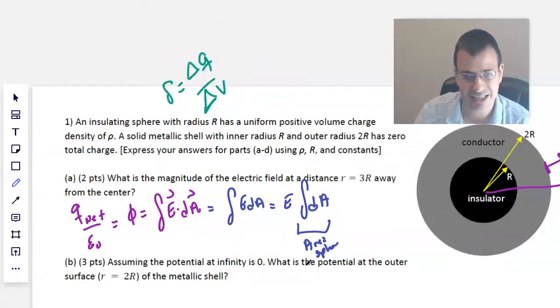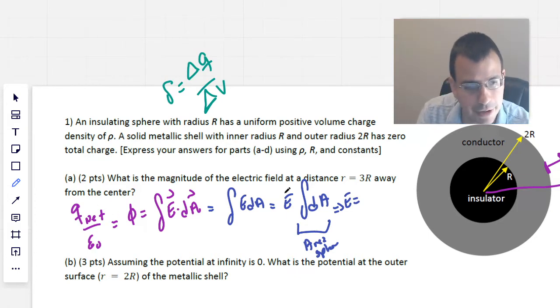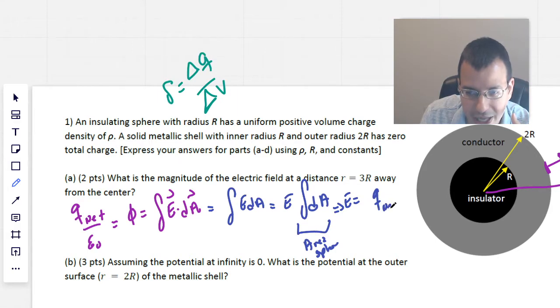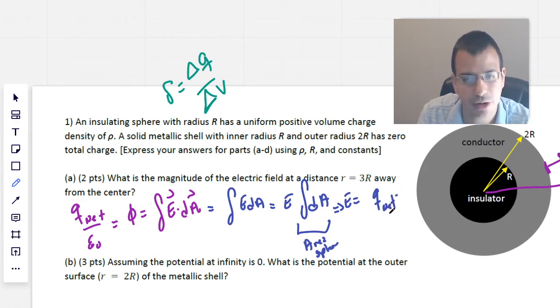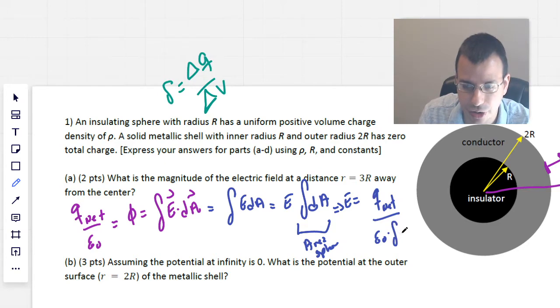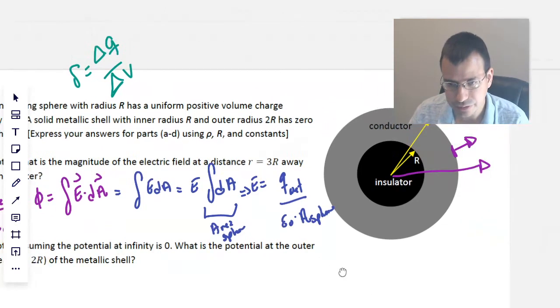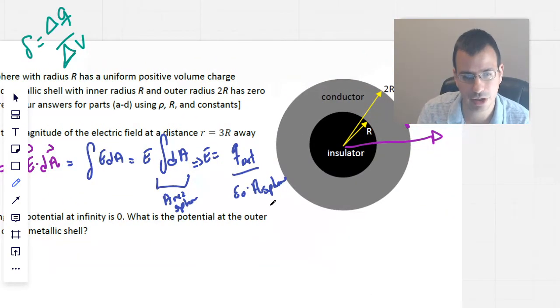Rearranging things slightly, we get E equals Q net divided by epsilon naught times integral, I'm going to write this just as area of sphere, but really I mean the integral of dA.